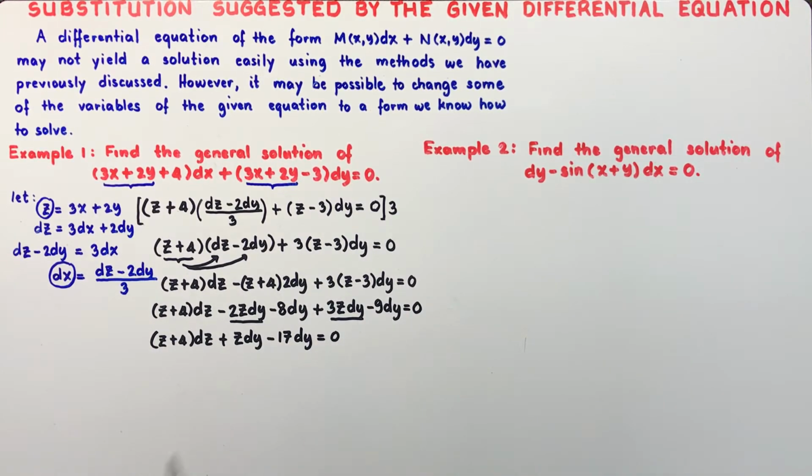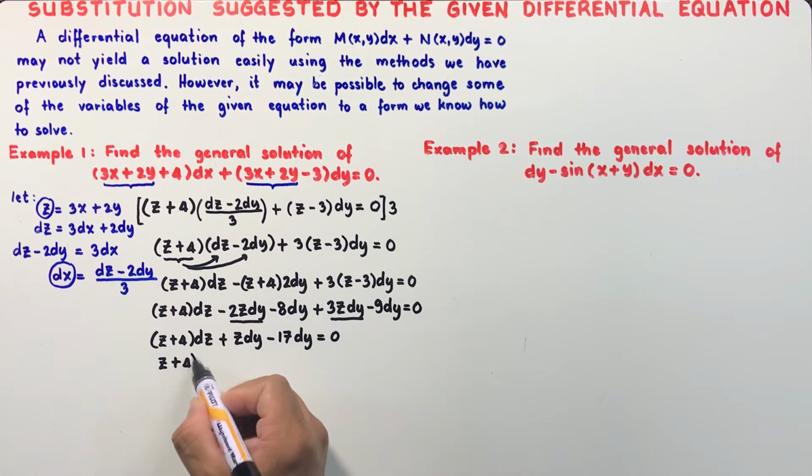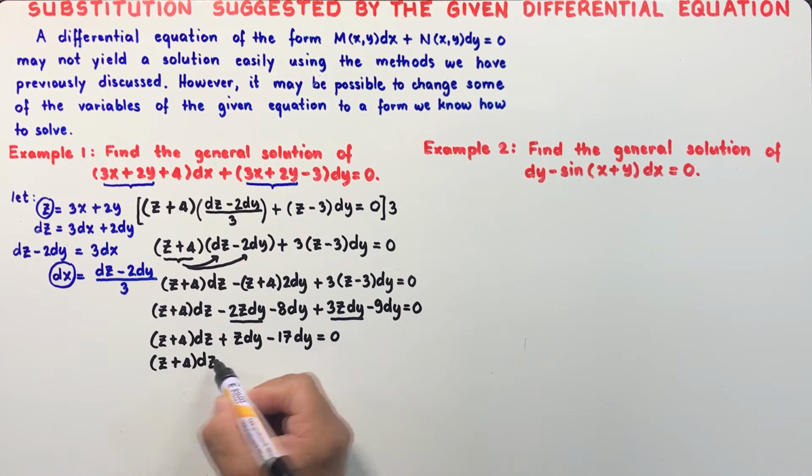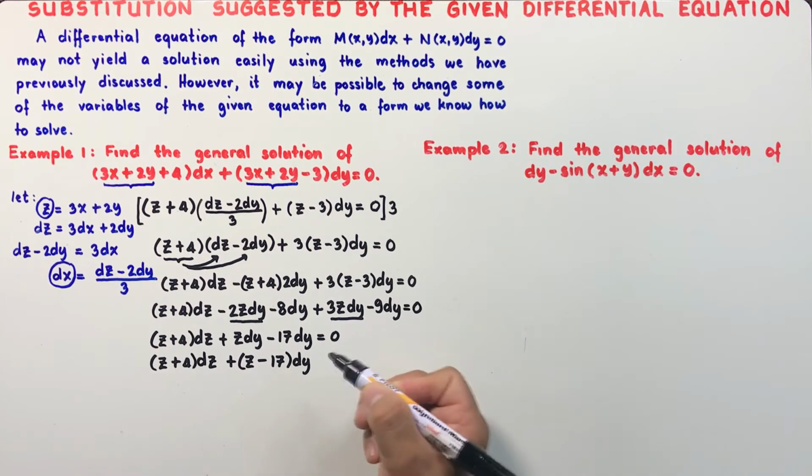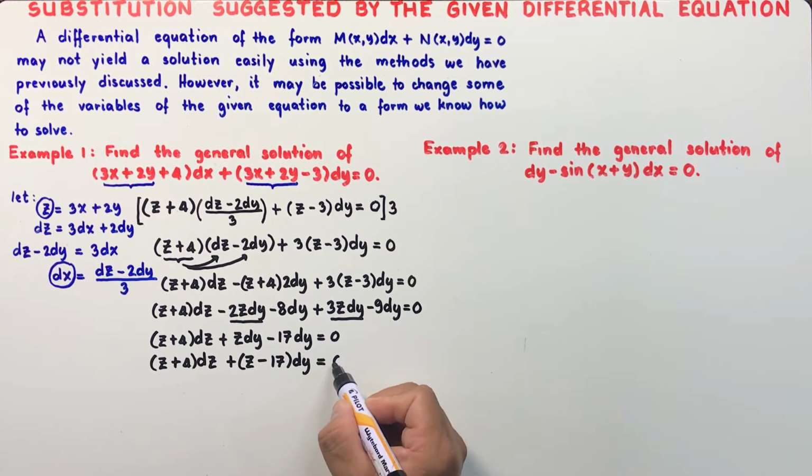Factoring the common factor dy, we have (z plus 4) dz plus (z minus 17) dy, which is equal to 0.